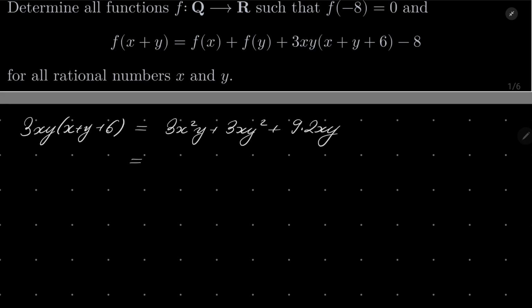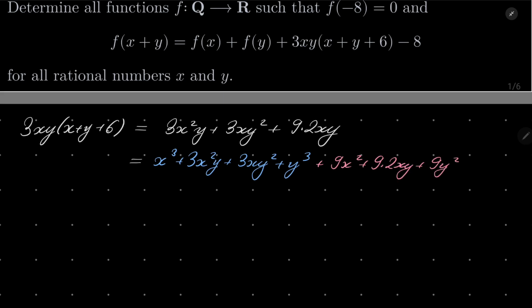And now I will do the following trick. I will write x cubed plus 3x squared y plus 3xy squared plus y cubed. I will also write plus 9x squared plus 9 times 2xy plus 9 times y squared.